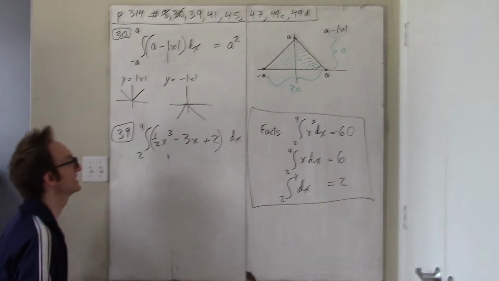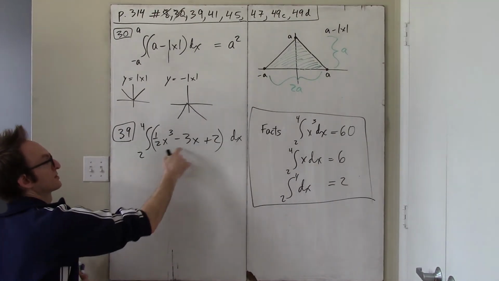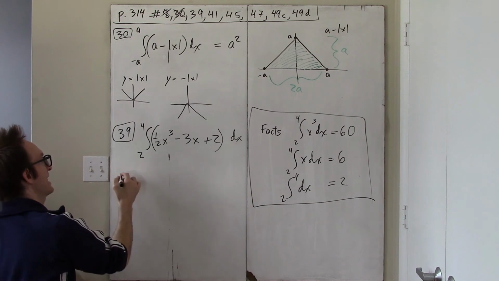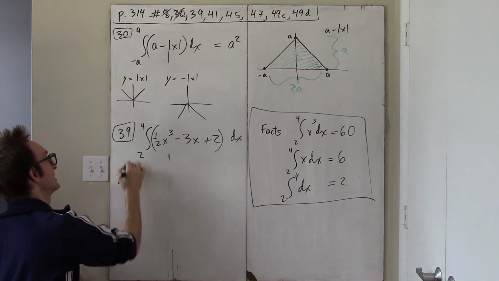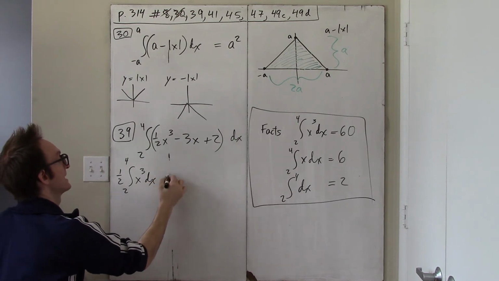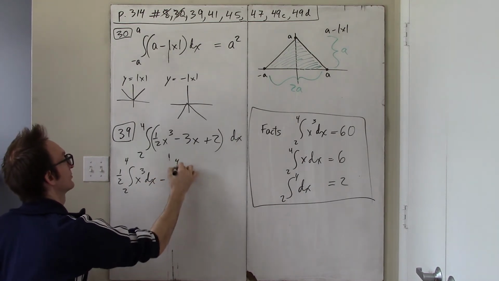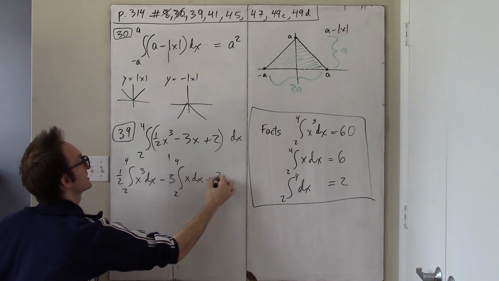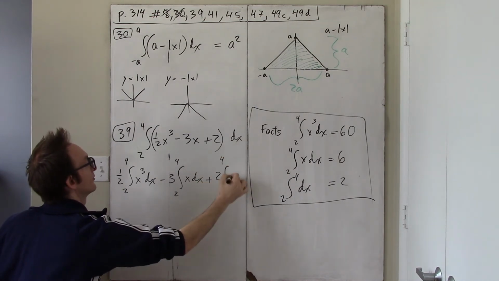Yeah, there is, right? I just apply integral properties. So split this up into 3 and factor things out. So this is just 1/2 the integral from 2 to 4 of x cubed minus 3 times the integral from 2 to 4 of x plus 2 times the integral from 2 to 4 of dx.